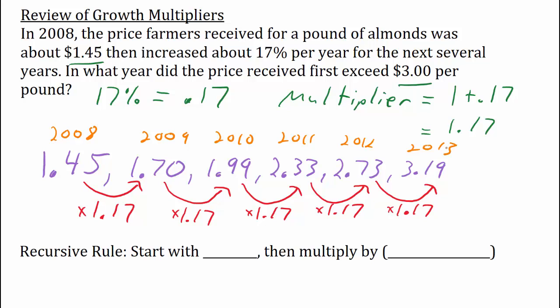We see that the price of almonds exceeded $3 per pound in the year 2013. Notice that with a 17% growth rate, the price of almonds increased by more and more each year. We can write this type of situation as a recursive rule. In this case, start with 1.45, then multiply by 1 plus 0.17.